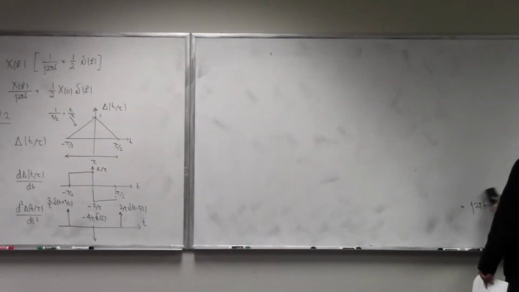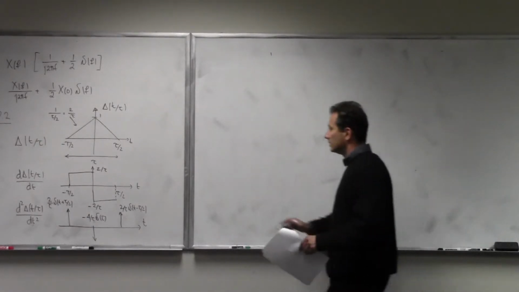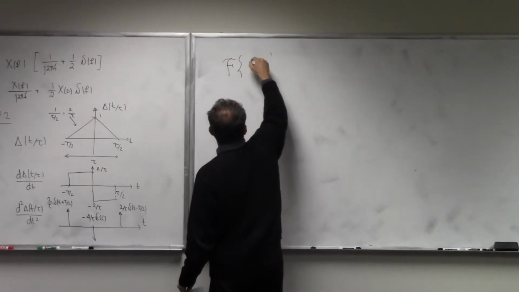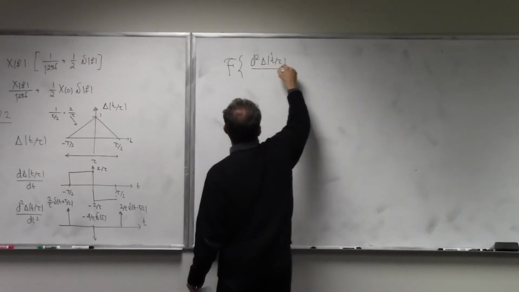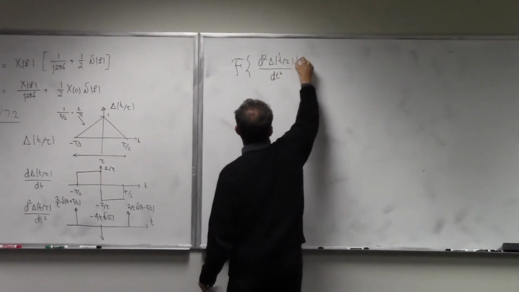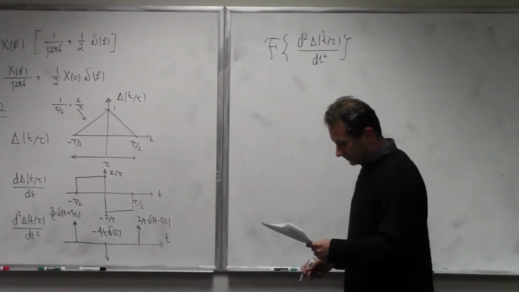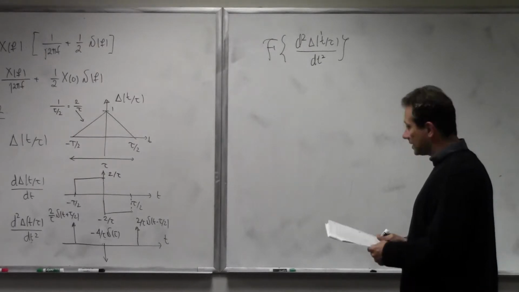So now, what's the Fourier transform of the second derivative? The Fourier transform of d squared of delta of t over tau over d t squared is the Fourier transform of these guys, right?